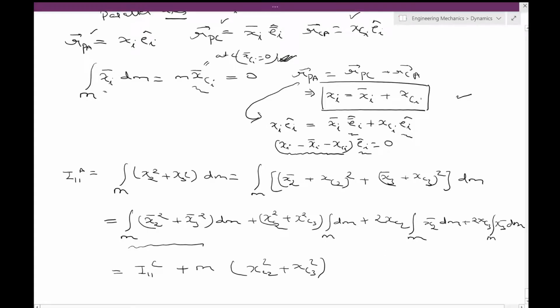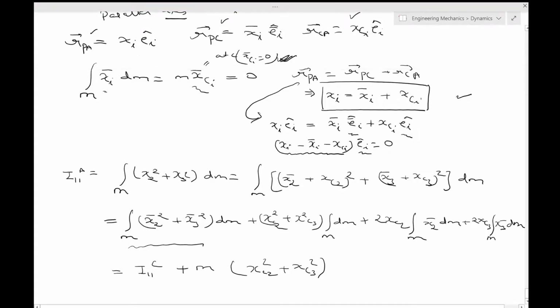This somehow does not appear over here. So I11C. Okay, so try to figure out what has happened over here. x2 bar dm and x3 bar dm. What has happened over here?